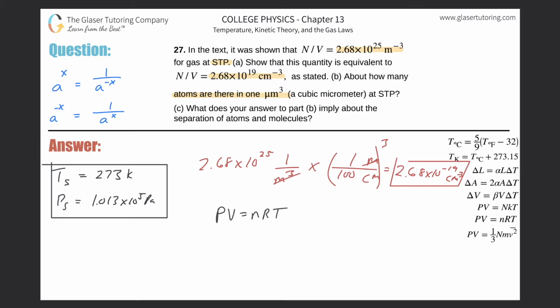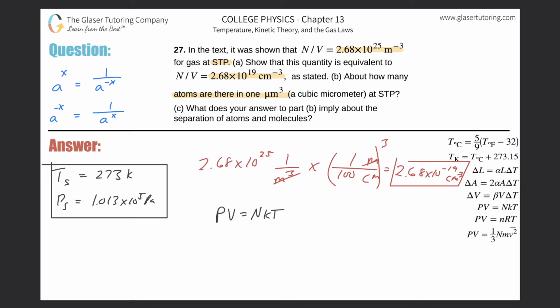Pressure in Pascal, volume in cubic meter, this is the number of moles, this is the gas constant, and then our temperature. Since they're asking us for atoms, a better formula to use would probably be this one: N K T, where they use K for the Boltzmann constant, and N stands for the number of molecules or atoms.